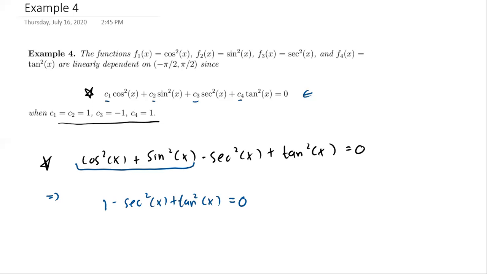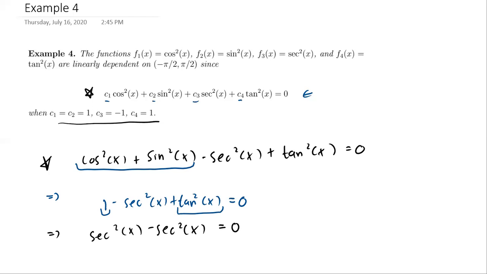Now, also from trigonometry, we know that 1 plus tangent squared is equal to secant squared. So we can replace this 1 plus tangent squared by secant squared. So we get secant squared minus secant squared. Right. So is this equation true for all x on the interval negative pi over 2 to pi over 2? Yes, because secant squared equals secant squared, right?